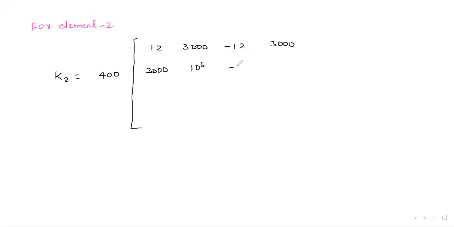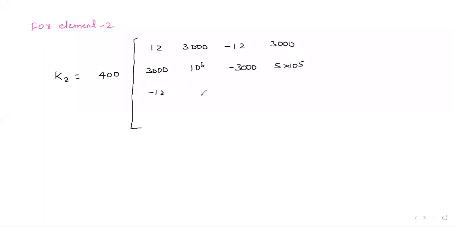So the K2 value will be equal to 400, right? As it is, we already have the values. Then we will have 12, then 3000, minus 12, 3000, again 3000, 10 to the power 6, minus 3000, 5 into 10 to the power 5.